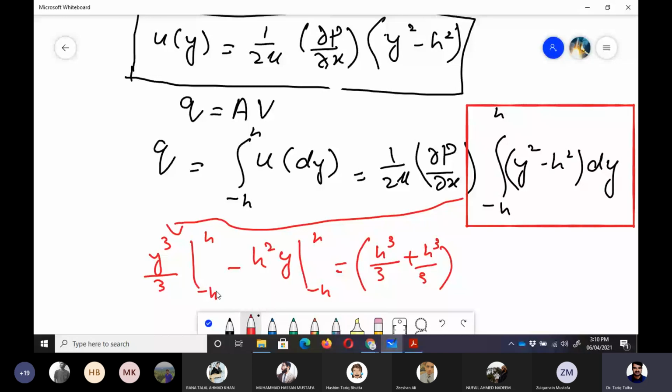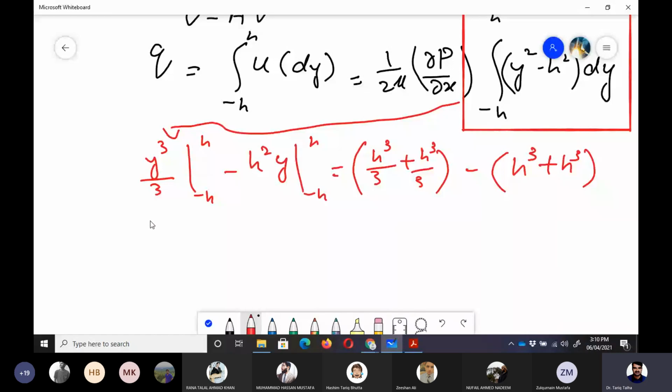Because minus into minus h cube by 3, so I wrote it plus h cube by 3, and then the second term would be here h cube plus h cube, right? So if I go a little bit down here, I can see that it would be 2h cube by 3 minus 2h cube. So if I do that, we can easily see that it is equal to minus 4h cube by 3.